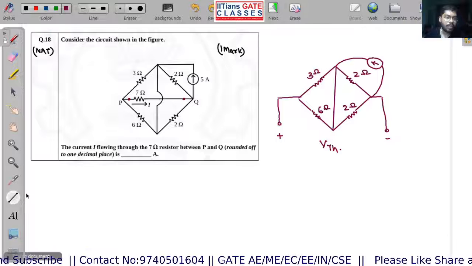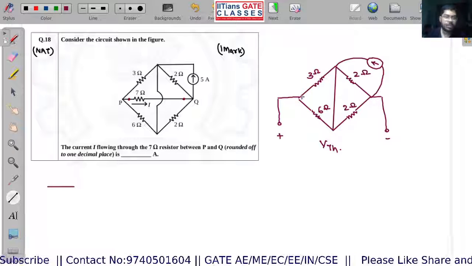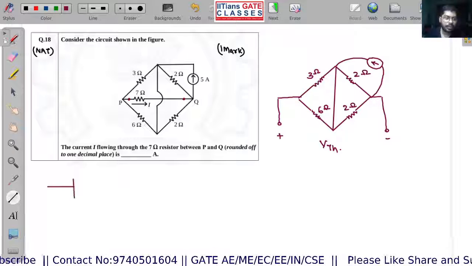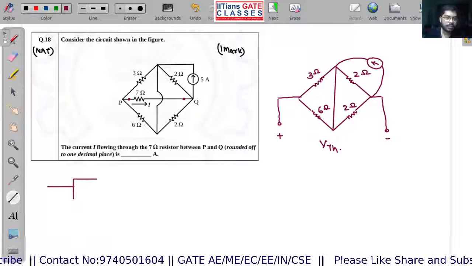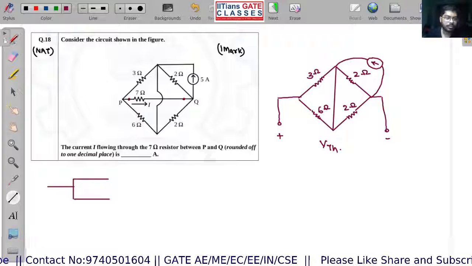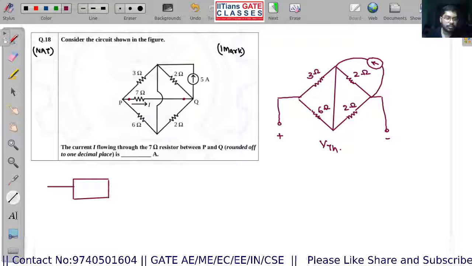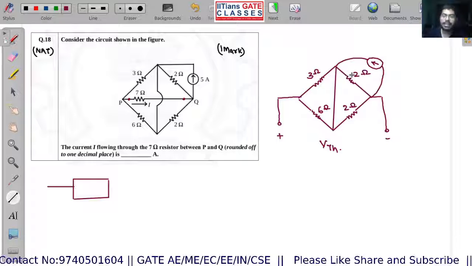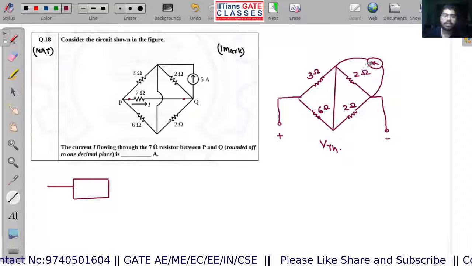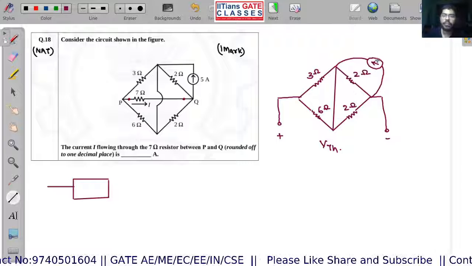So now what am I going to do? Simply this 3 ohm and 6 ohm, it is something like this. And this is in series with the parallel combination of 2 ohm, 2 ohm and 5 ampere.